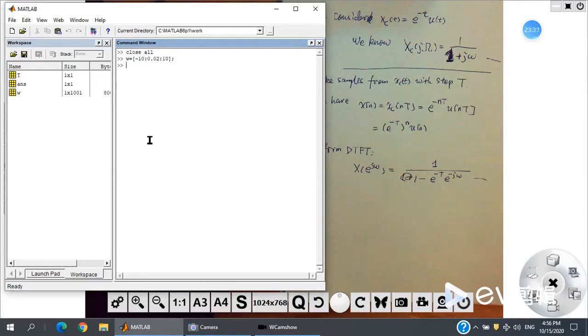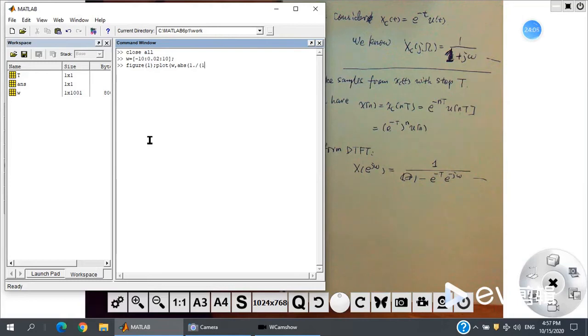I just want to plot the graph. This is figure, first one, figure 1. I plot x-axis is just omega, and y-axis is just the absolute value of 1 over, I need a dot over because omega is a vector, right?